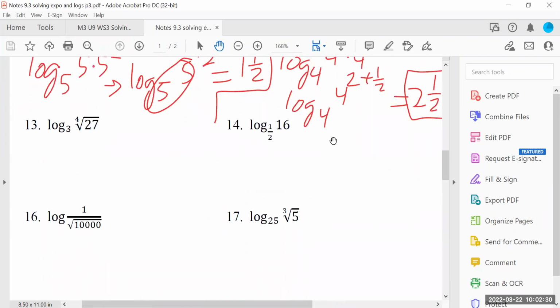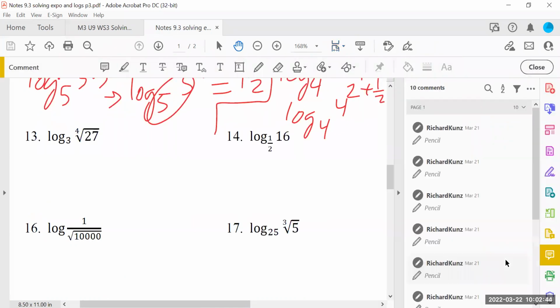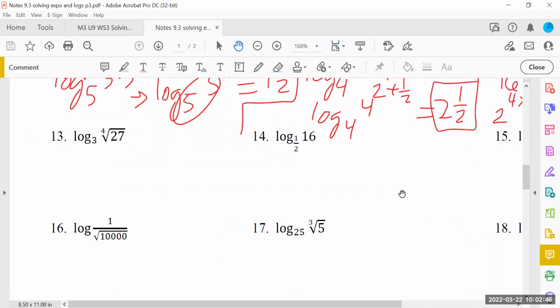So let's do number 13 here. Actually, 13 would be like the one we just did. There is nothing wrong with doing this one by rewriting the fourth root of 27 as 3 to a power. But if you really didn't want to, you could even make this into an equation. You could make this 3 to the x power. What power of 3 makes the fourth root of 27? You're going to have to do that on some of the ones today. This one, you could do the other way.